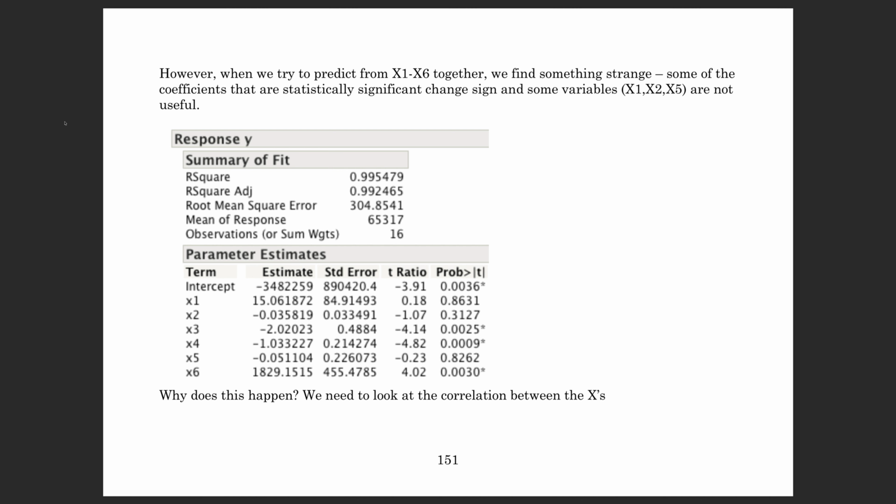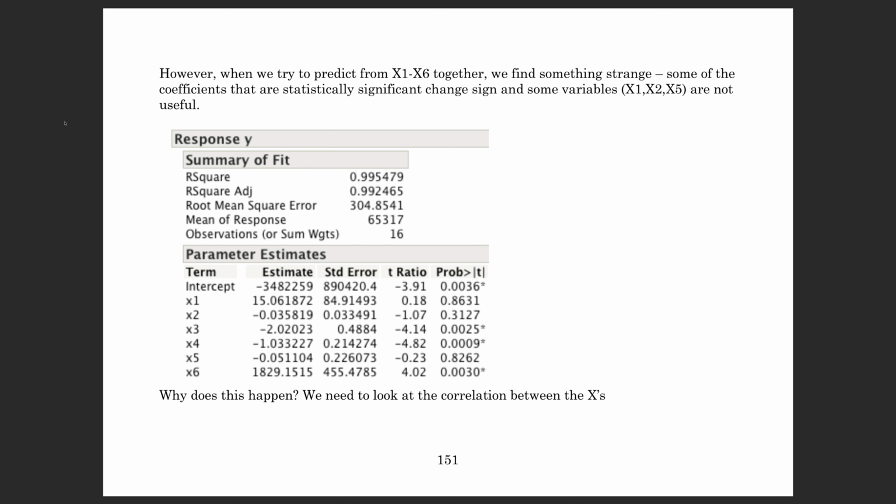That's the good news. But now have a look at the parameter estimates and the t-tests. First of all, you will see that x1 and x6 both still have positive coefficients, but x2, 3, 4, and 5 all have negative coefficients when we fit the model together.